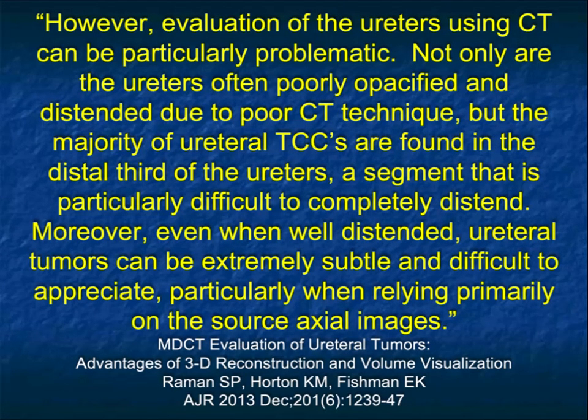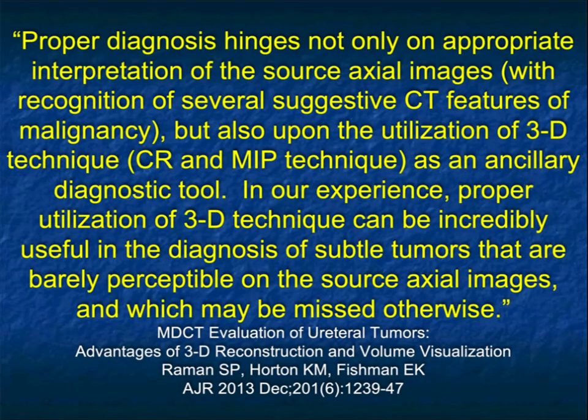And we looked at this. Shiva Raman wrote an article talking about the importance of CT technique in looking at the ureters, how easily things are missed. The majority of ureteral TCCs are found in the distal third of the ureter, a segment that is particularly difficult to completely distend. Moreover, even well distended, tumors can be subtle, particularly when looking at source images only.